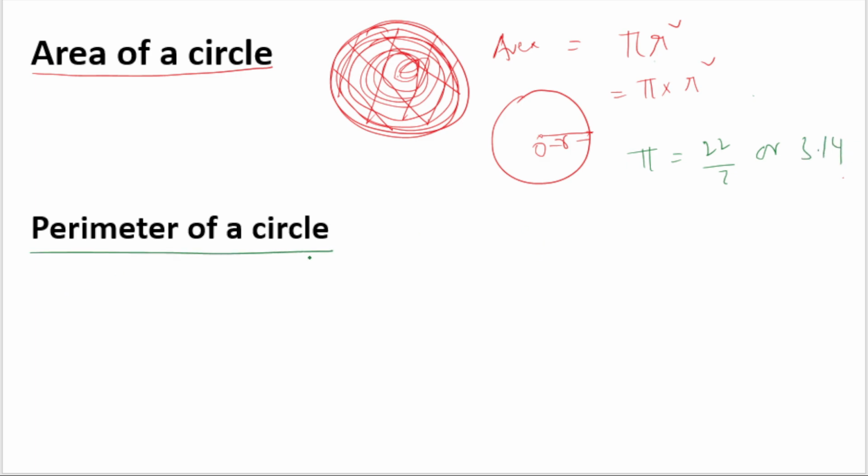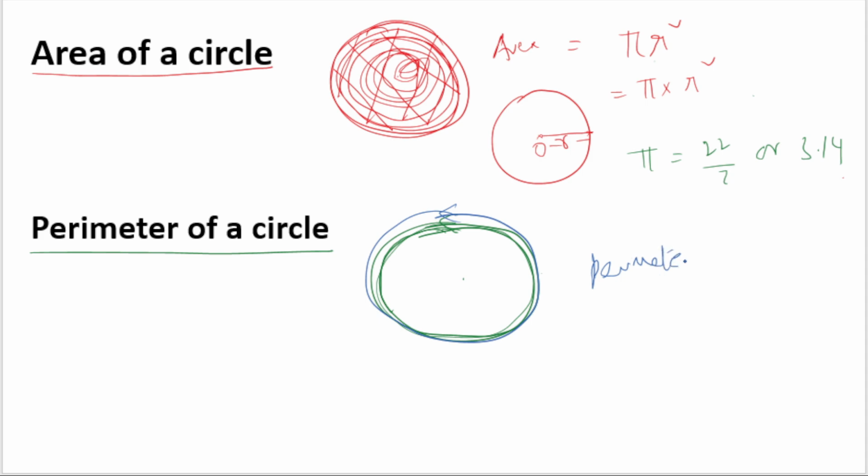And what is the perimeter of a circle? Perimeter means the length of the boundary of the geometrical figure. This is the boundary, and this length is known as the perimeter. And how do we find the perimeter of a circle?